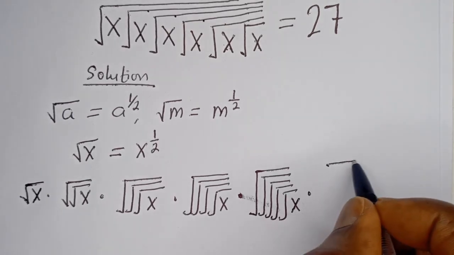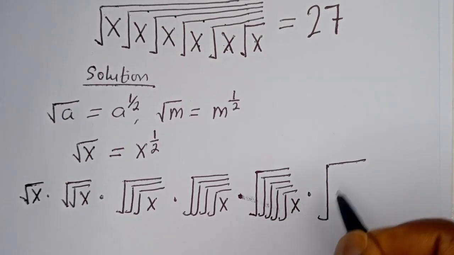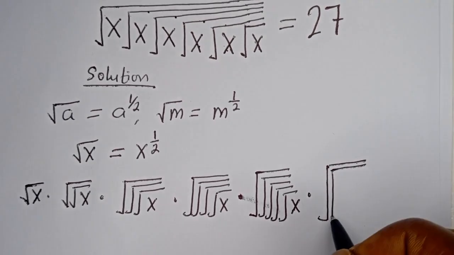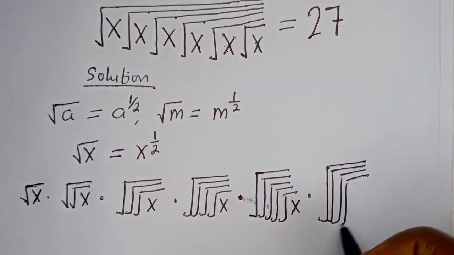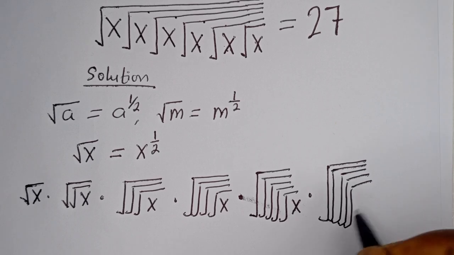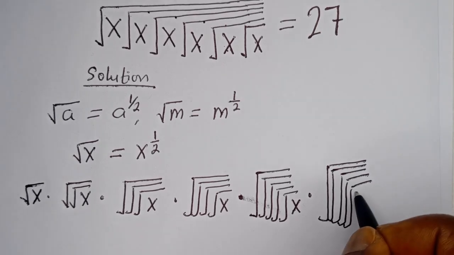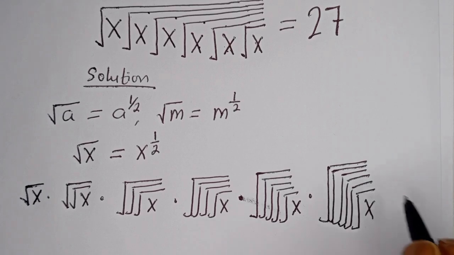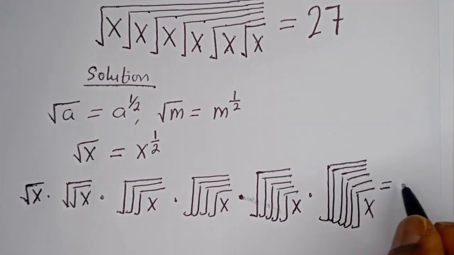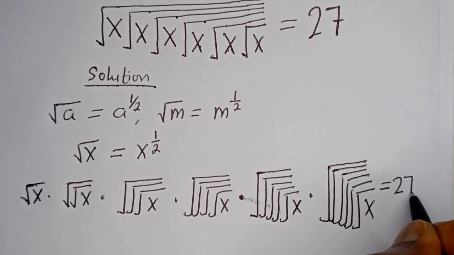We have square root 1, 2, 3, 4, 5, 6 s, is equal to 27.